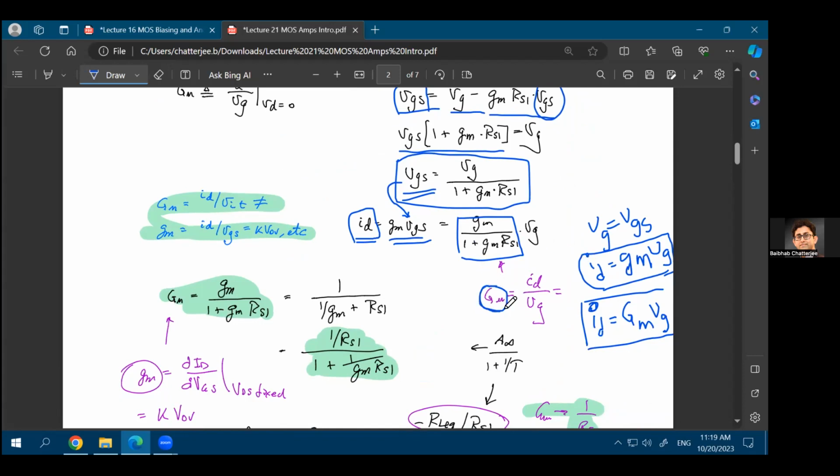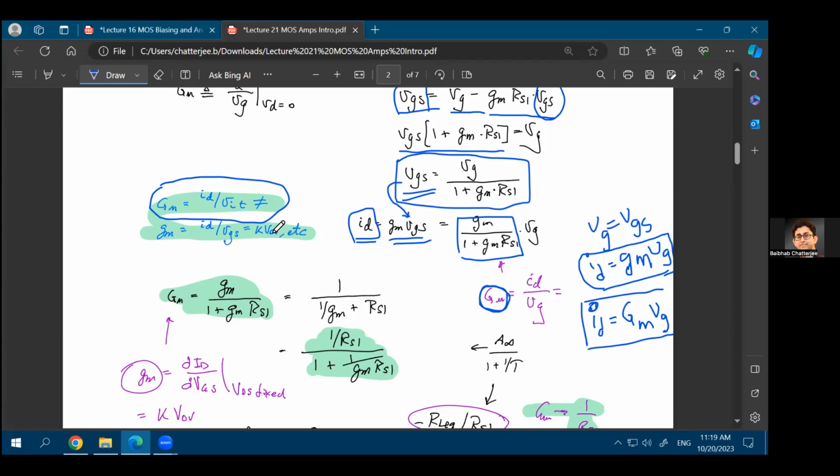This is the modified GM, the capital GM that I'm defining. Capital GM is basically equal to ID divided by, so whatever current you are seeing at the output divided by whatever voltage you have applied between the gate and source, right? The small gm is equal to ID divided by VGS. That's just from definition.